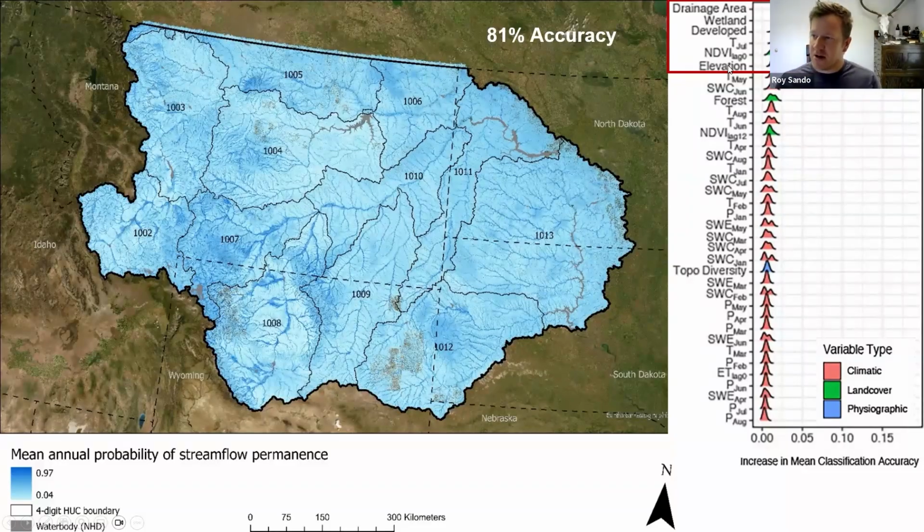A big thing to note is the difference in important variables in the Upper Missouri or Central Great Plains. It's shifted more to land cover and surface wetland area, as opposed to the Pacific Northwest, which was more dynamic climatic variables like precipitation and temperature. So just some interesting things to note there and probably topics of future study as well.